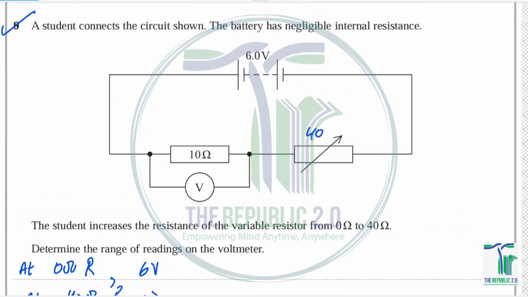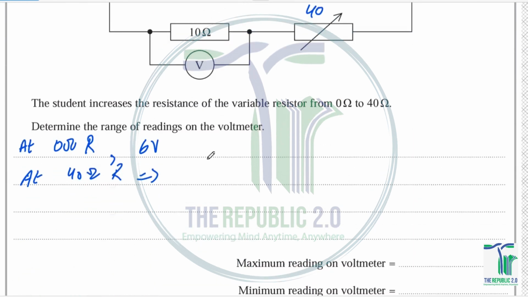The total voltage is 6, right? The total voltage is 6 divided by the sum of these resistances, and that's going to be 50, equals to, now I'm just going to talk about this voltage V across the voltmeter, which has to be 10, right?